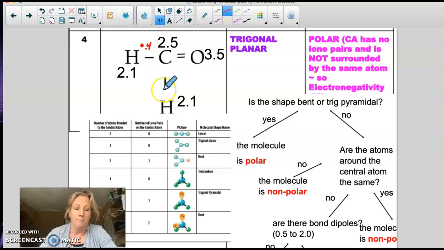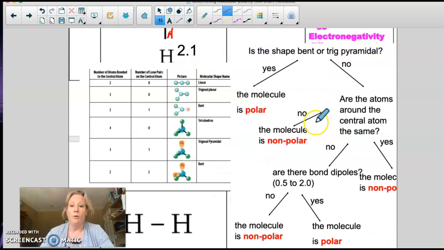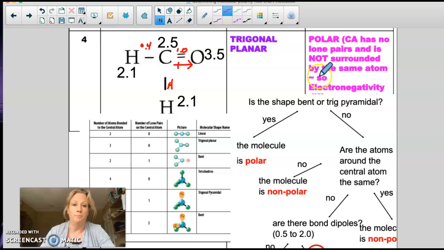Same thing here. Those two are only a 0.4 difference, so they're sharing equally. But here, there's a 1.0 difference. So here we're going to draw that bond dipole pointing towards the oxygen. You don't necessarily have to draw it, but you have to realize it's there. So if we go back here and ask, are there bond dipoles? Yes. So that makes this a polar molecule.